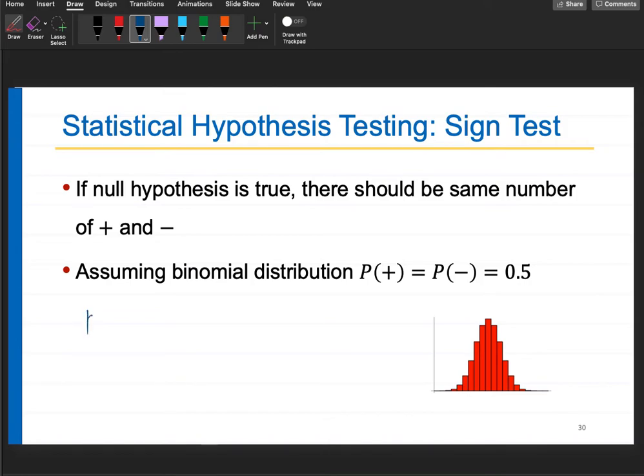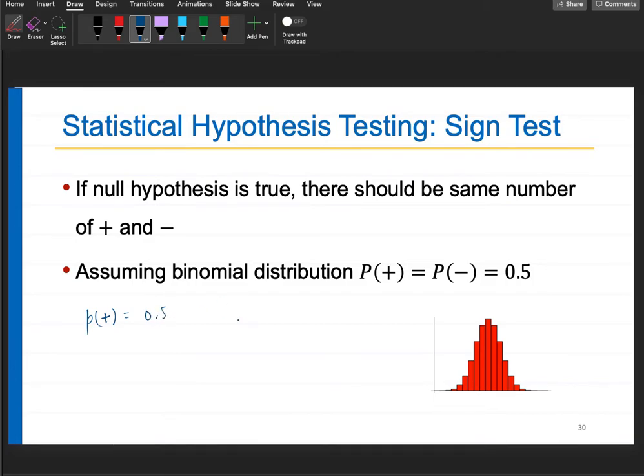The probability of x is equal to, actually it is not x, it is the number of times you get a plus sign, let us say. The probability of getting a plus sign is 0.5.